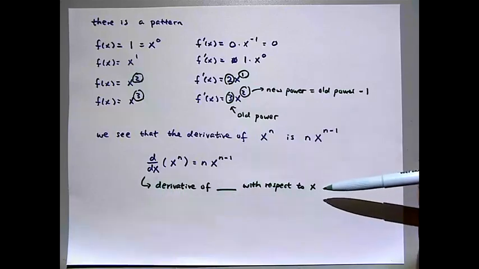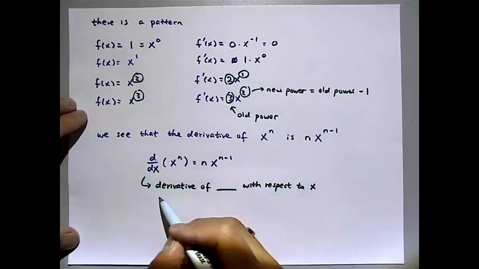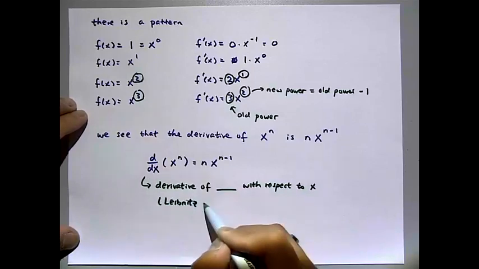With respect to x means that x is the variable of interest. X is the variable we track. Sometimes we use t, sometimes we use something else, but with respect to tells you what variable we're interested in. And this is the thing that shows up down here. And this is what's called Leibniz notation.